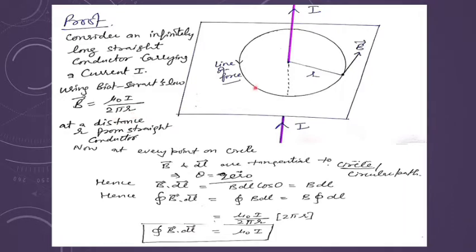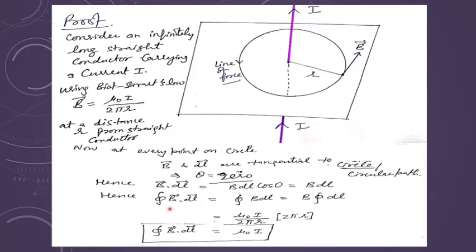Now, B is tangential, and if you take a small current element dl here, it also has the same direction as B. So the angle between B and dl is theta equals 0. So B dot dl equals B dl cos 0, which equals B dl.